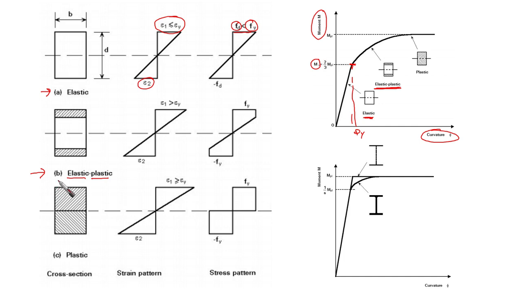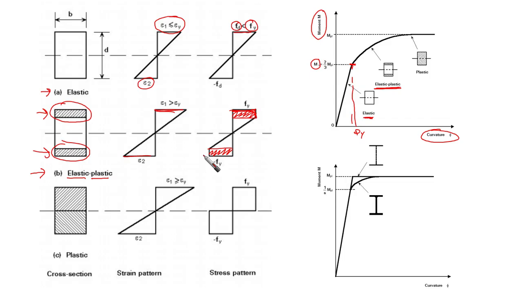The fibers at the top and bottom are going to be yielding. They are already reaching yield because here there are high stresses, right? Here and here, the fibers reach yield.